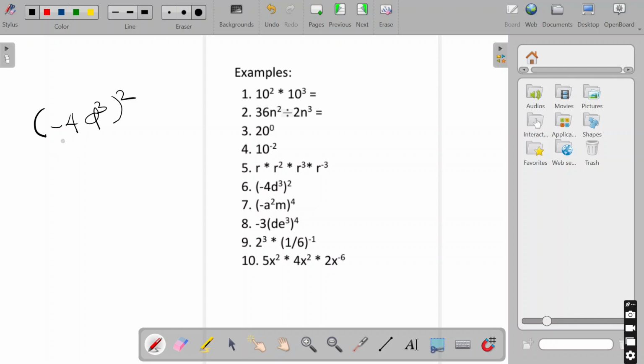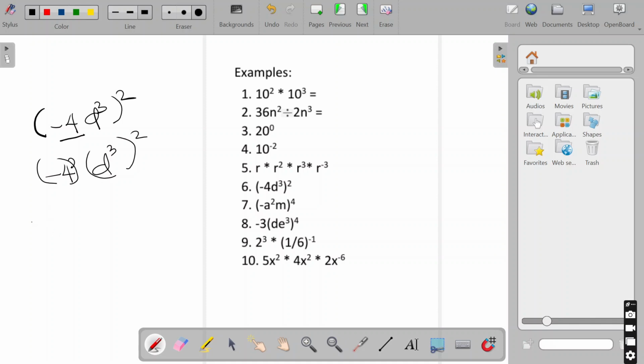That is, minus 4 is raised to the power of 2, and the d, which is already raised to power 3, is also raised to power 2. It's just like bringing out each number and raising each number to the power of 2.